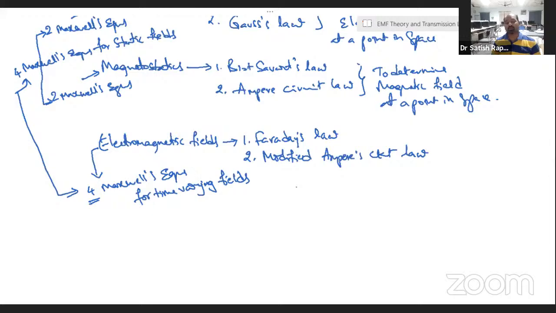Whereas in EMF, we use field theory. Field components in the sense electric field and magnetic field. In transmission line, it is voltages and currents, whereas in EMF, it is electric field and magnetic field.